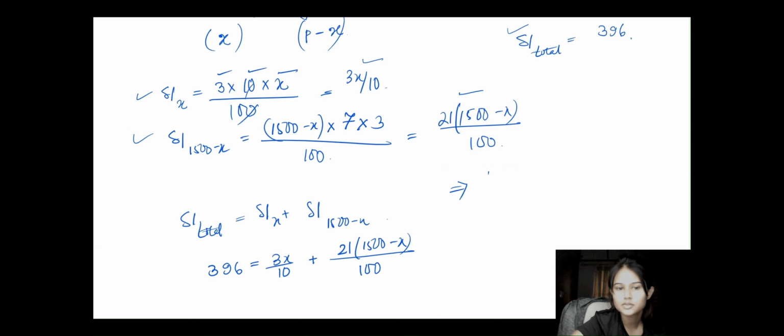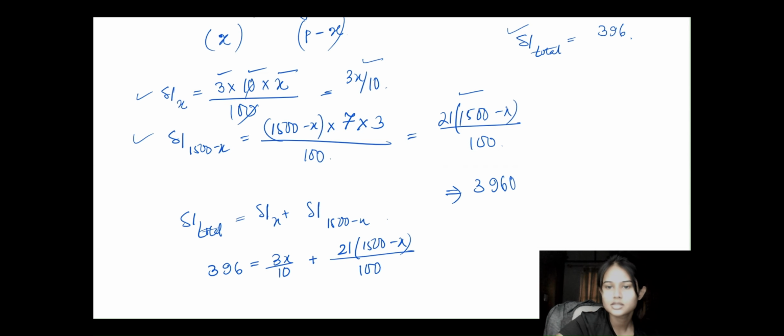So equating this, you can see 39600 equals 30x plus 31500 minus 21x.